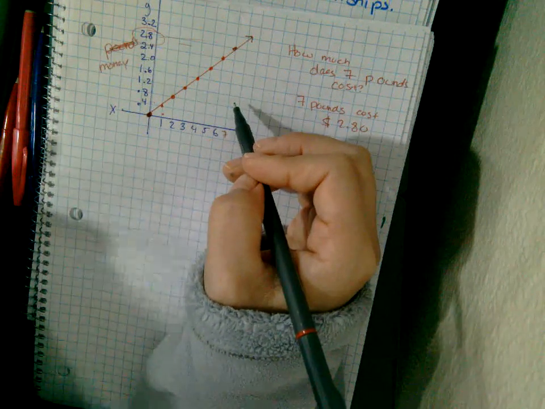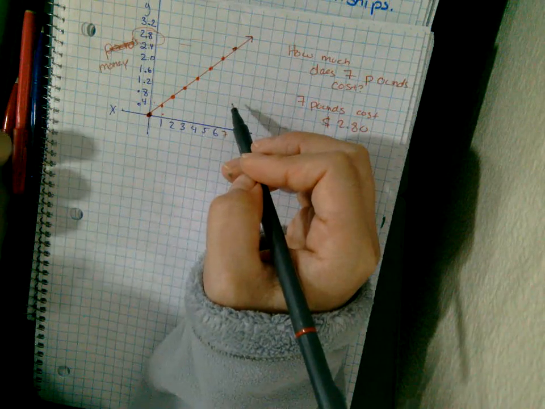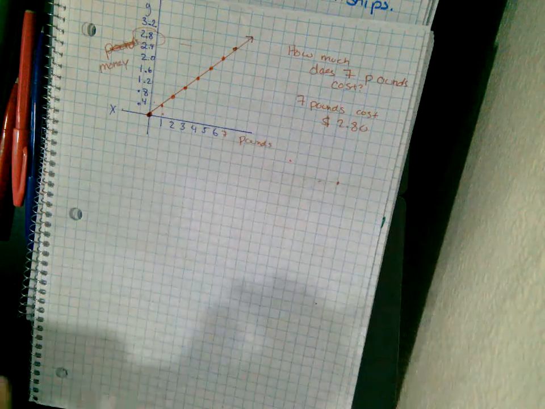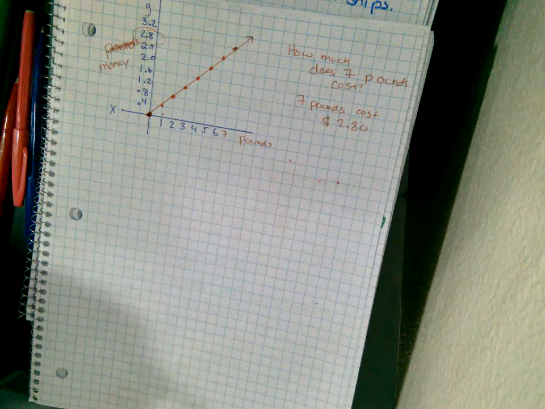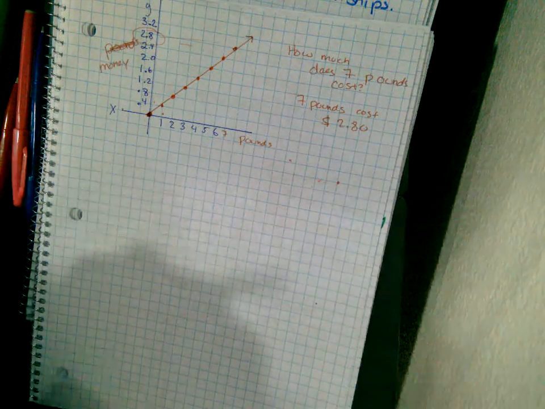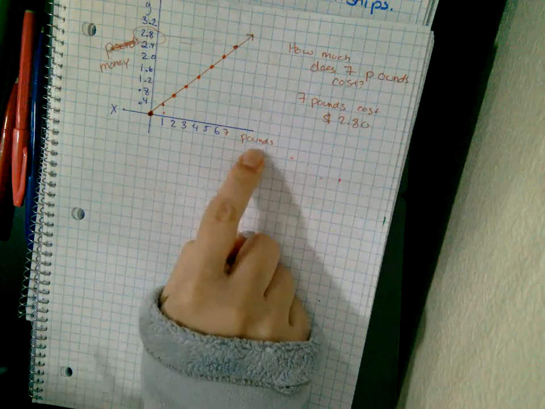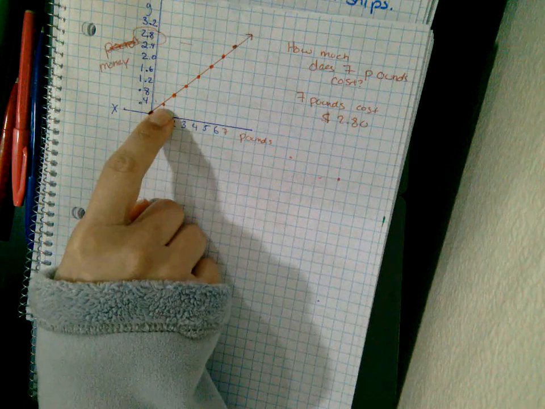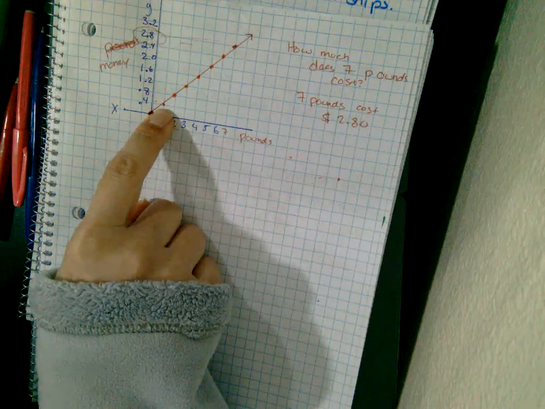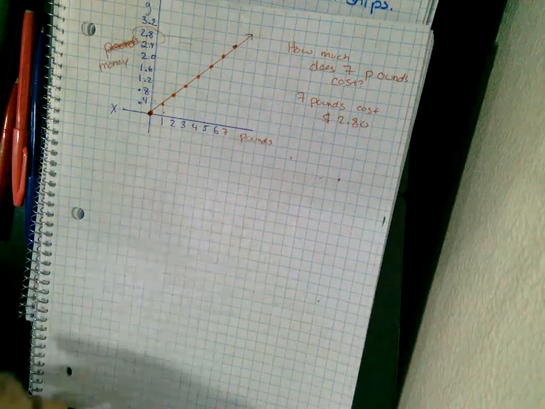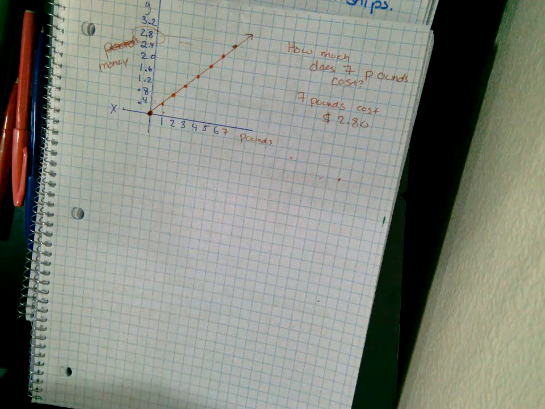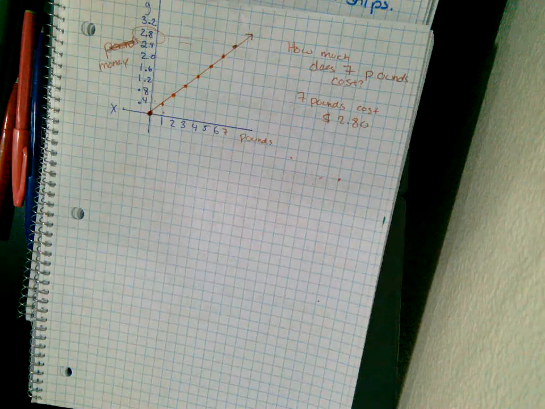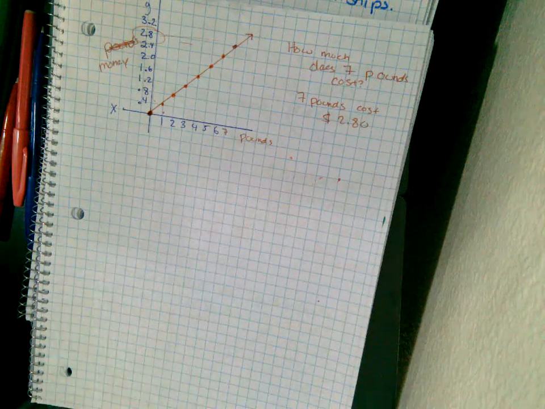You can answer it using the table, using your equation, or using your graph, and they're all related. But if you label your X and Y wrong, everything's wrong. Imagine if I made this money. Okay, $1 is 0.4 pounds. No, it's the other way around. So the first part of recognizing what's your X and Y has an impact all the way through the whole problem. So be careful, be careful, be careful.